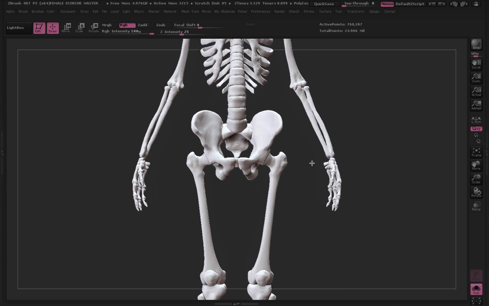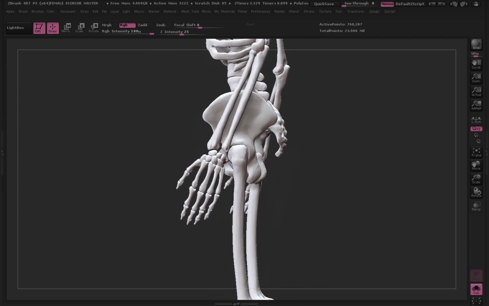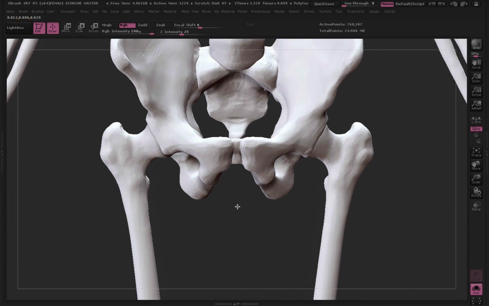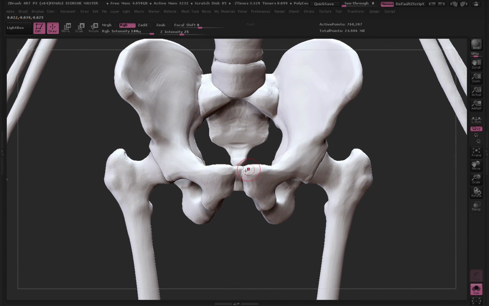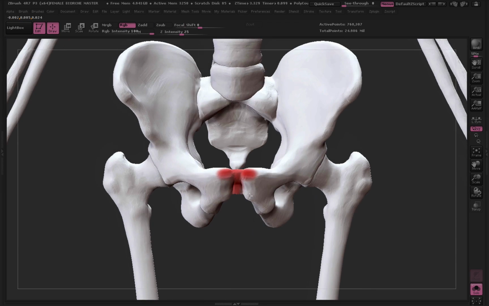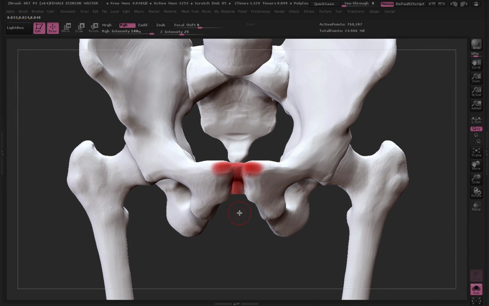So we can see these in 3D. The first one I'm going to show you is this point on the pelvis, and this is called the pubic symphysis, and that word I think comes from the Greek, the same root as the word symphony.